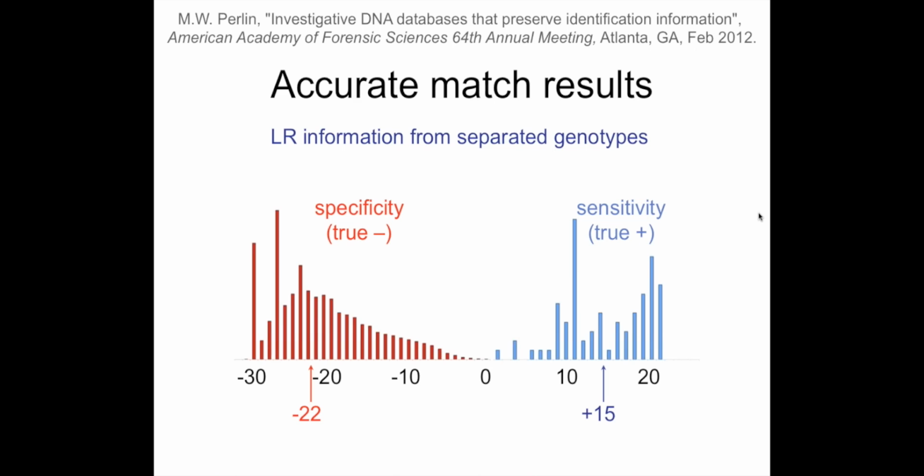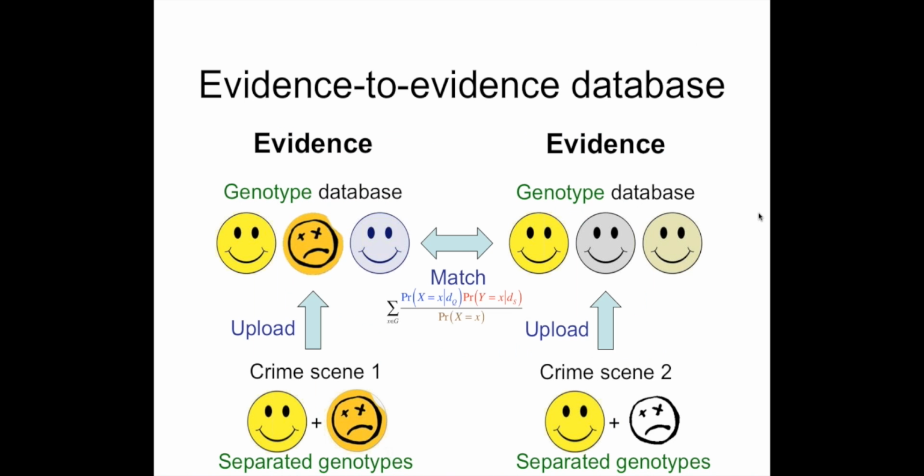The axis is in log likelihood ratios, and the average sensitivity in the study was 10 to the 15th, or about a quadrillion, and the average specificity was 10 to the negative 22nd, which is a very small number, like 1 over sextillion or so. And so there's a very good separation between true positives and true negatives, and that's relied on in a database to have accurate match statistics.